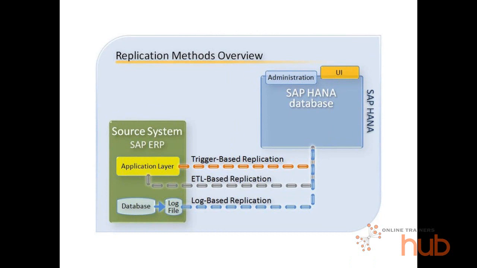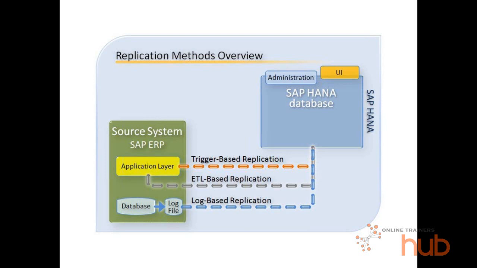If you have your data existing in non-SAP databases in the form of flat files and so on, then we can use ETL replication in the form of SAP Business Objects Data Services for the purpose of bringing the data into your HANA database. That is the first thing.